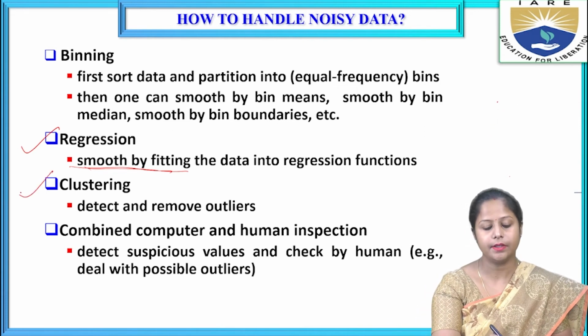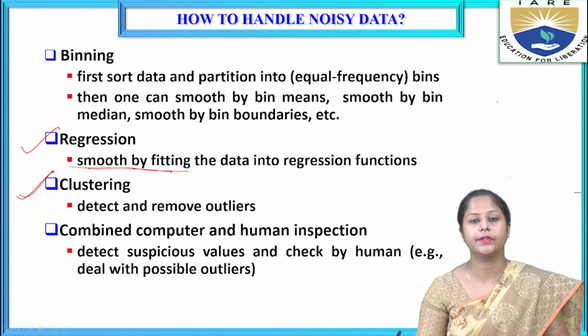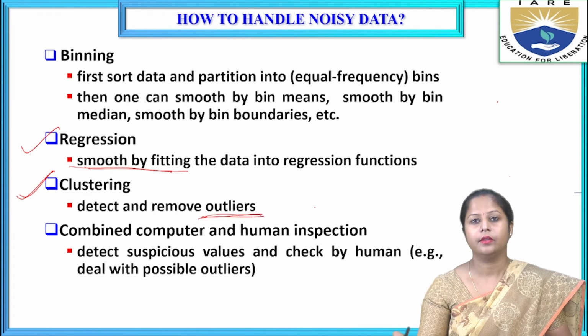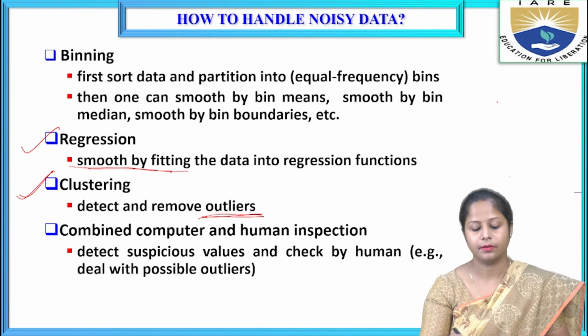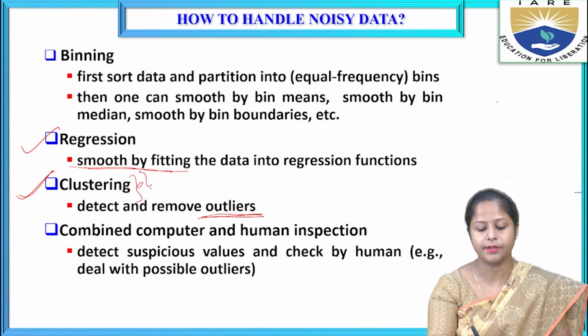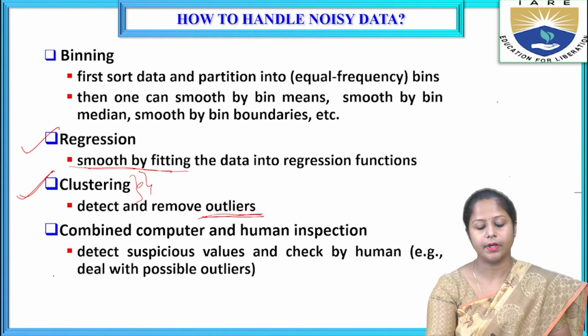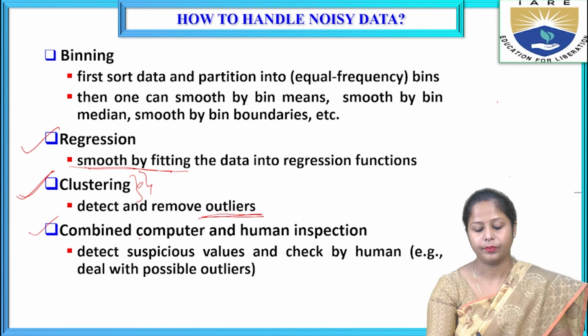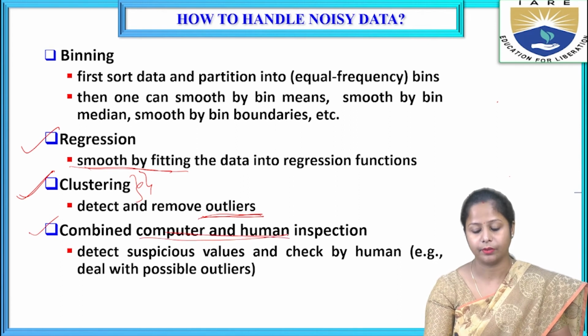Clustering. That is the third method. We have to cluster the data to detect and remove the outliers that we have discussed already. Another method is combined computer and human inspection. That is nothing but manual inspection by computer and human.